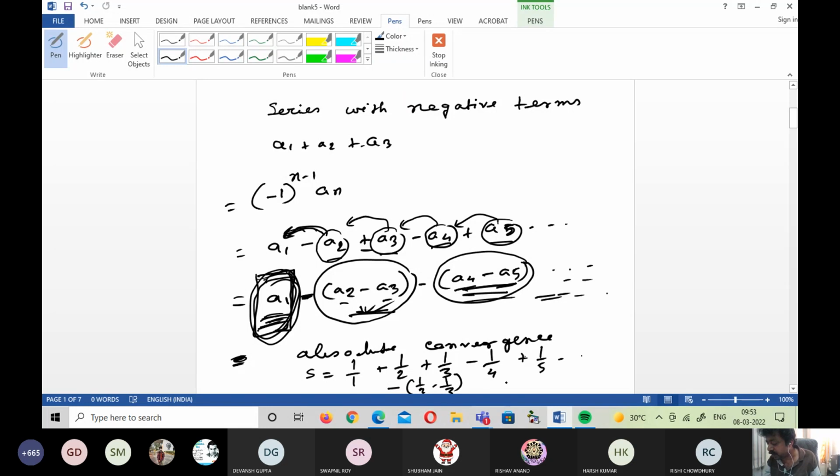Similarly 1/4 minus 1/5, in this way. And these are the terms that are subtracted from 1. Not only that, this is a conditional convergence, because 1/1 plus 1/2 plus 1/3 is not absolute convergence, because this is a divergent series. But this is a conditional convergence.